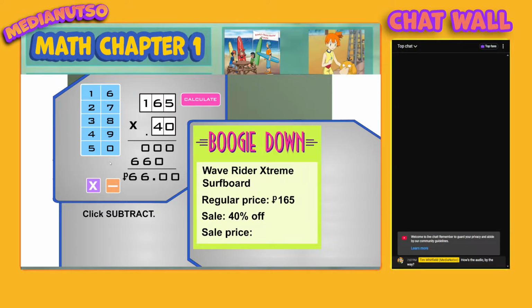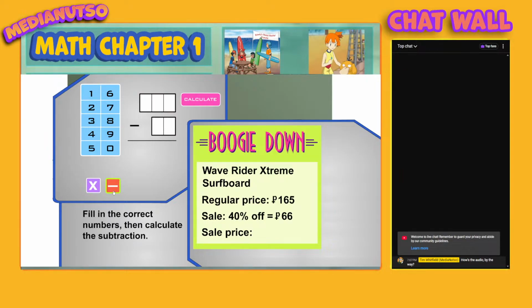On to the subtraction. Fill in the correct numbers, then calculate the subtraction. Awesome! Now we know the sale price of the Wave Rider Extreme at this store.